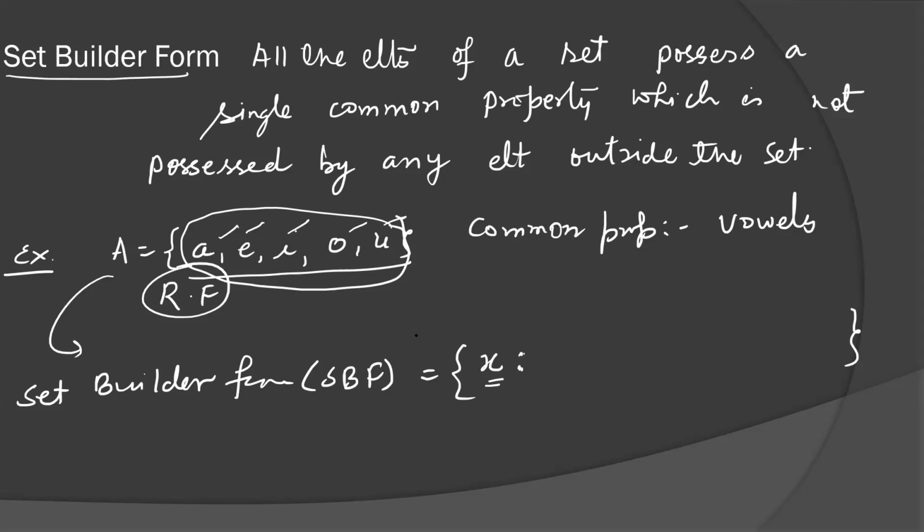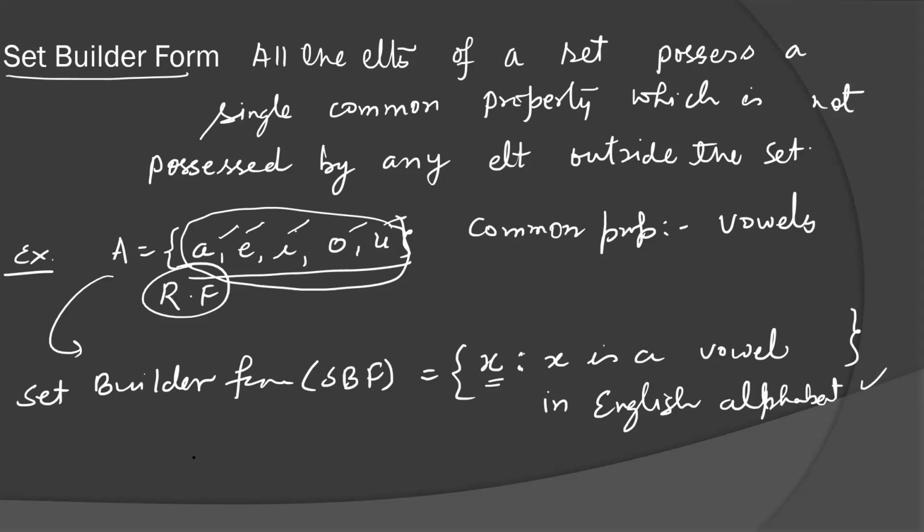So we have to represent by the Shukla family. So that will be the x element here. Now what is x here? x is a vowel in the English alphabet. Now you can see that no other element performs this property. So this is the set builder form.